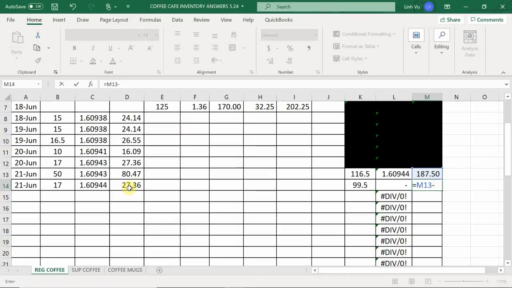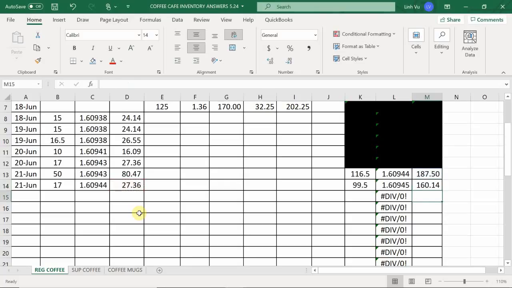What's my new total? 160.14. Okay, good. Right. Which then, if you have your calculations already in the middle of your window, it has now recalculated my average cost, and once again it has increased by another ten-thousandth of a penny.